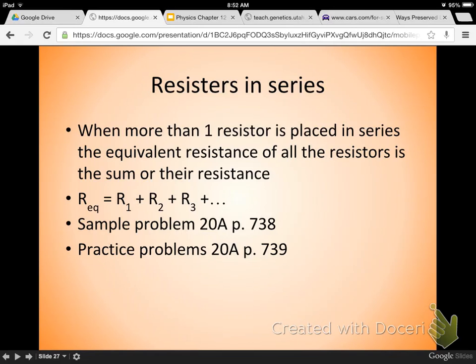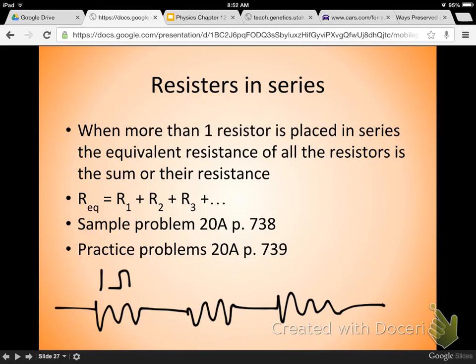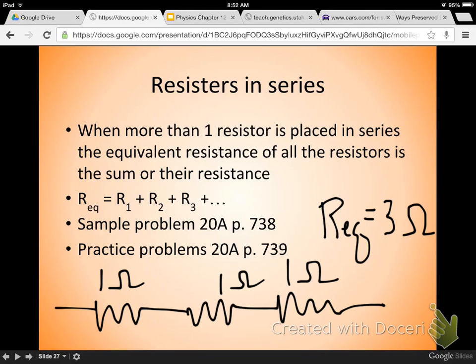Okay, so when we put resistors in series, it's really easy because you just add them up. So if this is 1 ohm and this is 1 ohm and this is 1 ohm, your total resistance is 3 ohms. We call that equivalent resistance, okay?